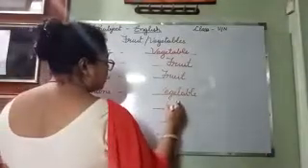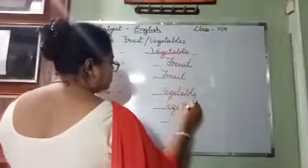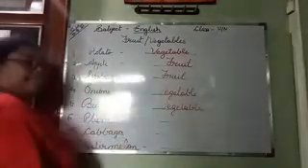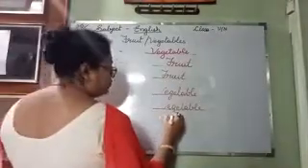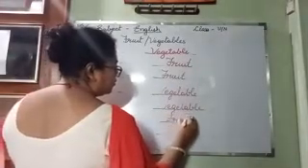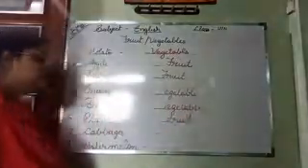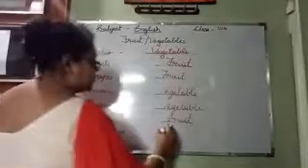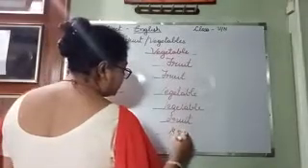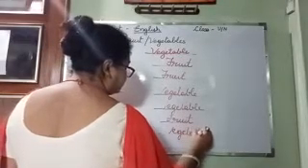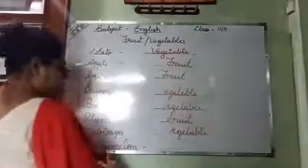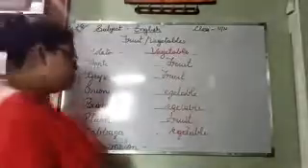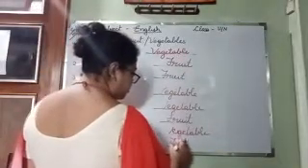We will write vegetable. Next is plum. Plum is a fruit. F-R-U-I-T, fruit. Next, cabbages. Cabbages is a vegetable. You will write vegetable. Next, watermelon. Watermelon is a fruit. You will write here fruit.